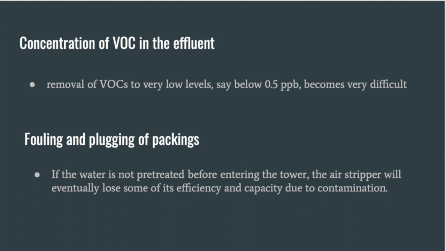If the contaminated water contains free iron or other minerals, the action of stripping air may cause some of these compounds to precipitate and contaminate the packing medium. Organic contaminants promote biological growth and aggravate the pollution problem. And if the water is not pre-treated before entering the tower, the air stripper will eventually lose some of its efficiency and capacity due to contamination.